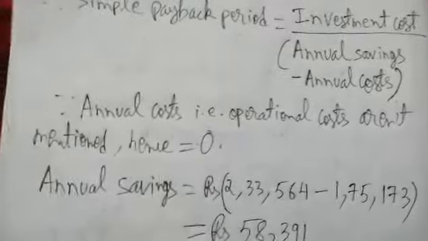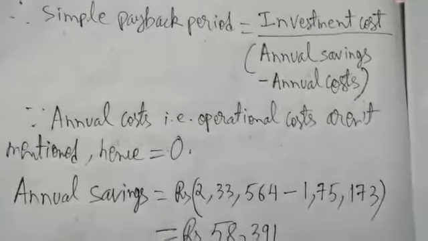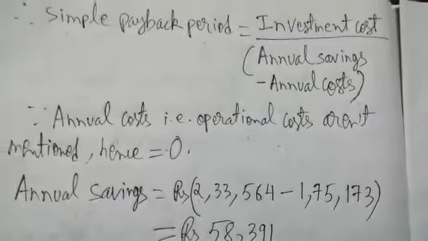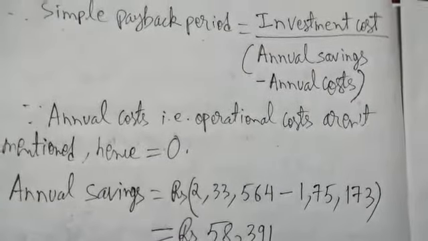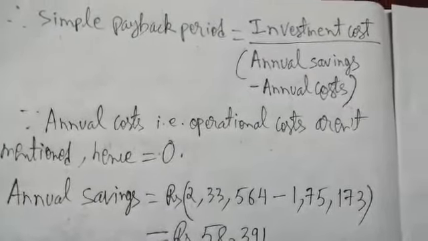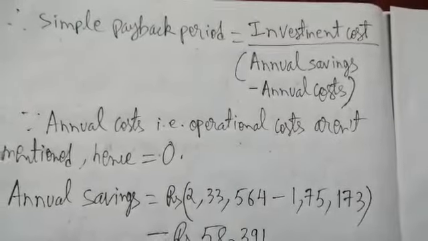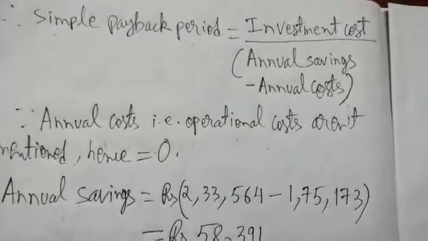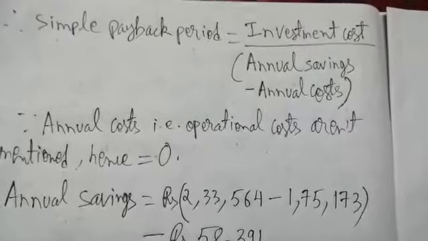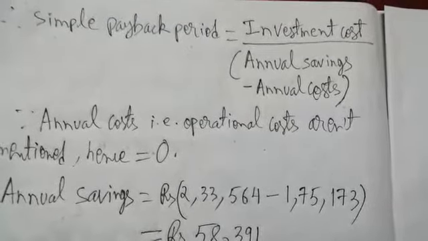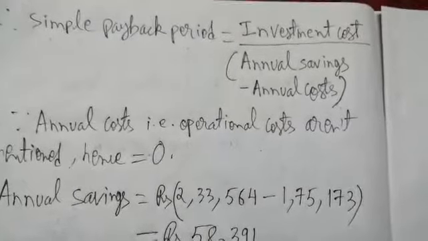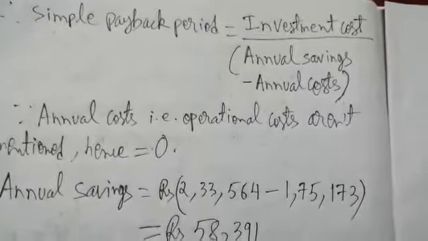Those are not given, hence we can take it as zero. So you have to calculate annual savings. What is annual savings? Annual savings is nothing but the difference between the total energy cost of the magnetic ballast based fluorescent tubes and the electronic ballast based fluorescent tubes. The difference between the total energy cost of these two tubes shall give us the annual savings.